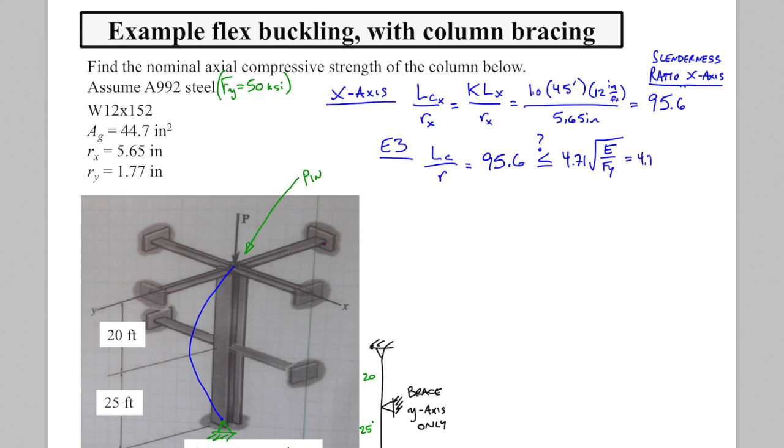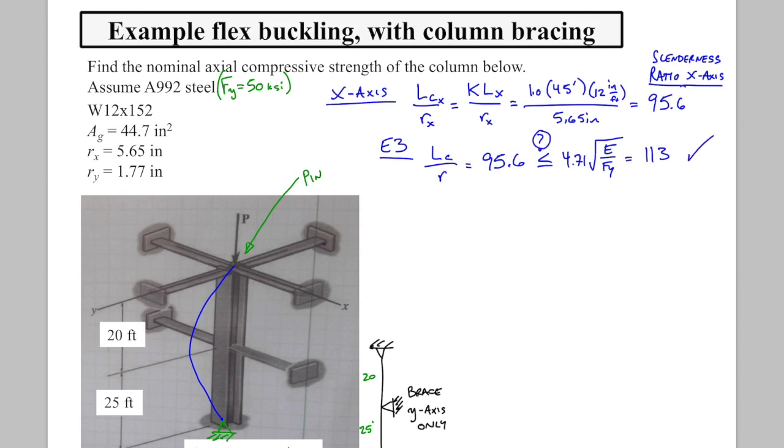I have 4.71. Well, I'm just going to write it out down here. Young's modulus is 29,000. Remember we said that we know that one, and we have Fy is 50 KSI. So if I carry that out, I get about 113. I'm not going to worry about decimal points at this point. And I wrote these numbers down, but you should know them by now. I'm going to erase them to give myself some space. So yeah, this is true.